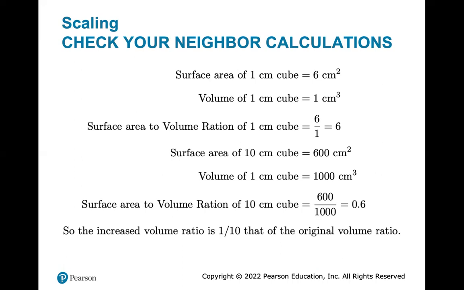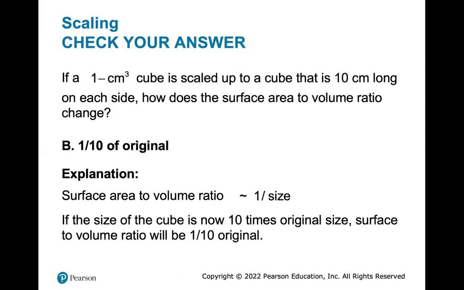The volume is 1,000 cubic centimeters. So its surface area to volume ratio is 600 to 1,000, so it's 0.6. So the new ratio is 1/10 that of the original ratio, and that's the answer B. It's 1/10 of the original.